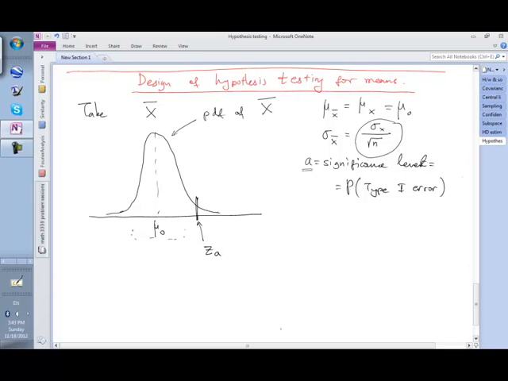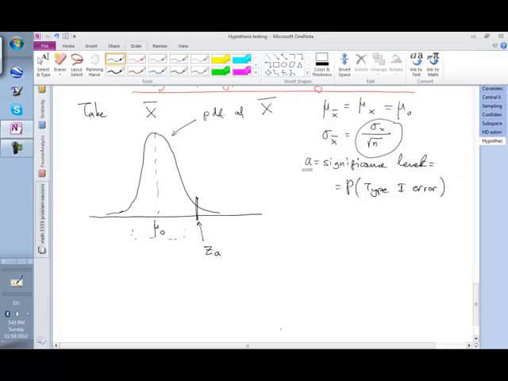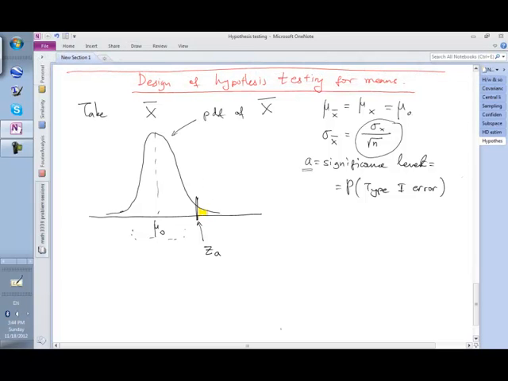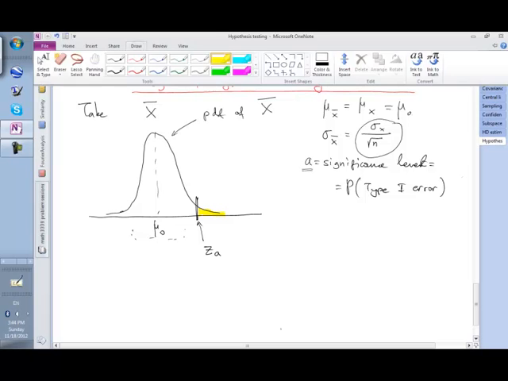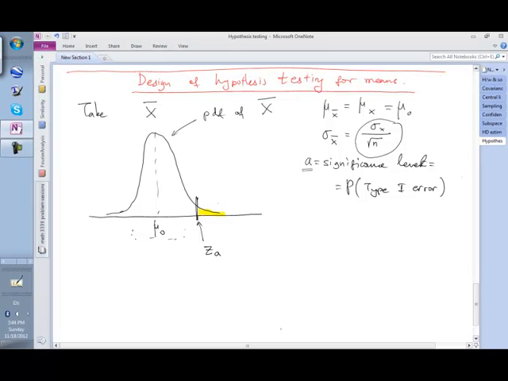It will be defined by this area, which is going to be my yellow area, and I choose yellow in accordance with what I chose in the previous example. This region is called the critical region, and this value is called the critical value.